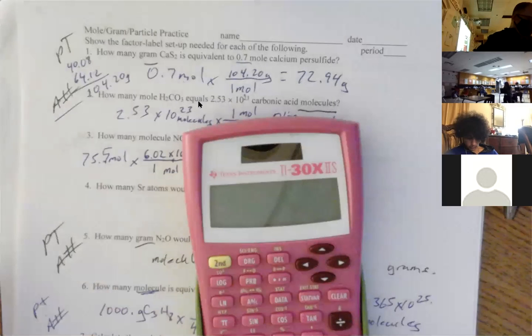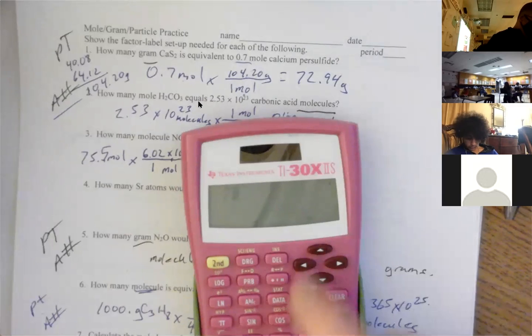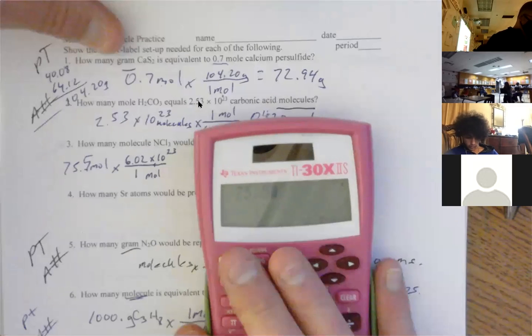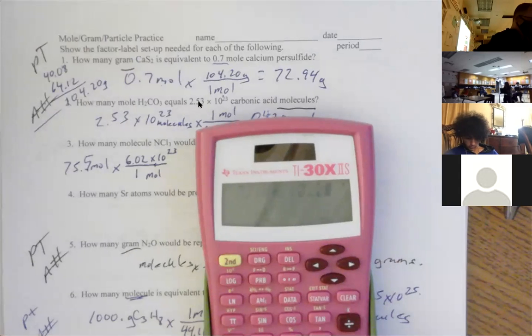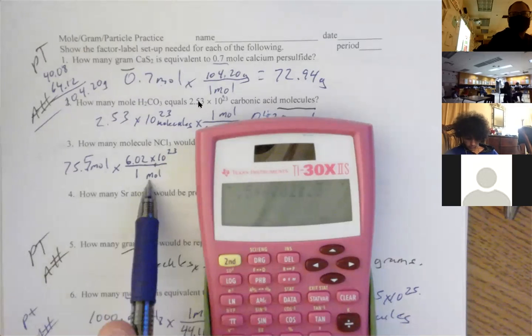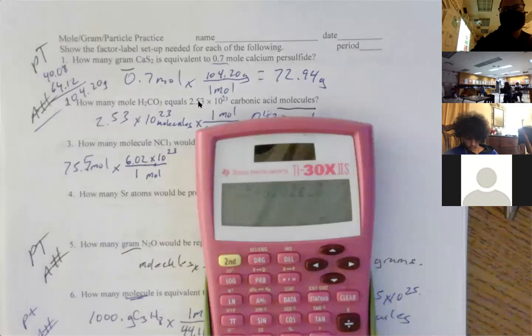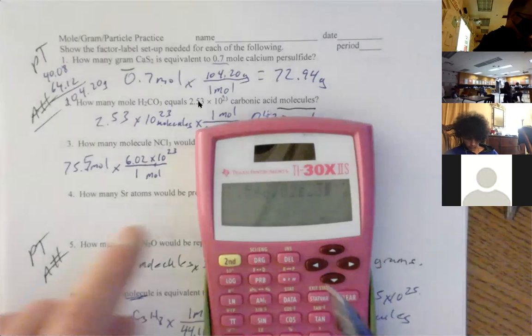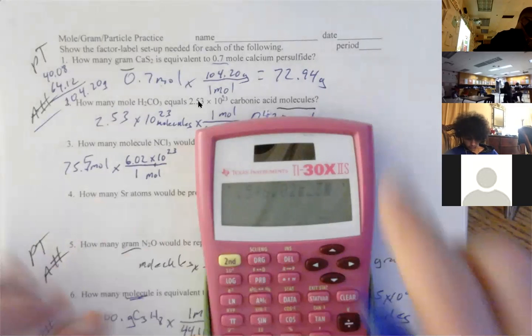So type that into our calculator. 75.5 times 6.02 times 10 to the 23rd. If it's on top, we multiply. If it's on bottom, we divide. I don't need to ever multiply or divide by 1 because x times 1 is x. Remember, the number that goes with moles is always 1 whenever it's in the conversion factor.